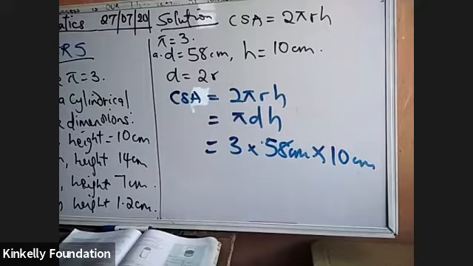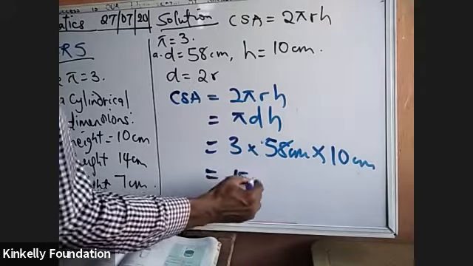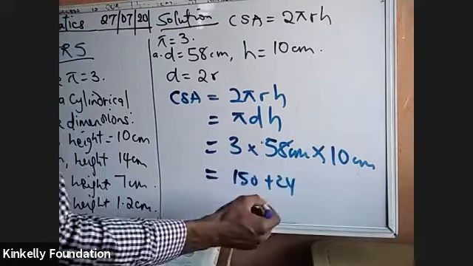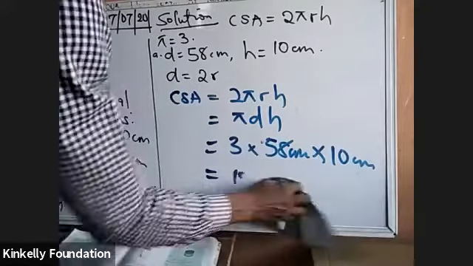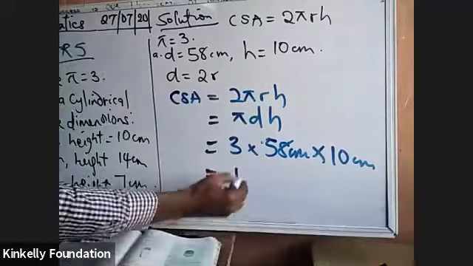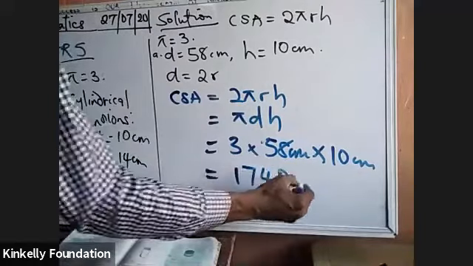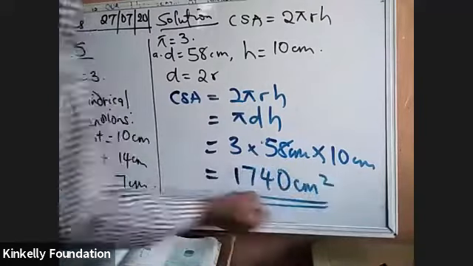So we now work towards getting this. 58 times 3 is the same thing as saying 150 plus 24, which is 174, times 10, 1740 cm squared.